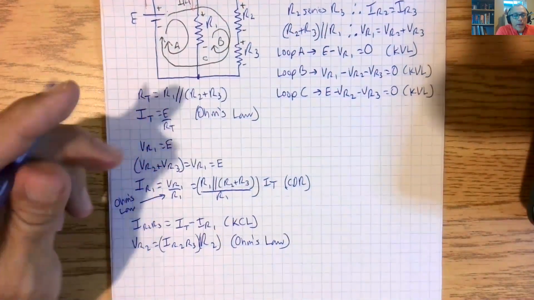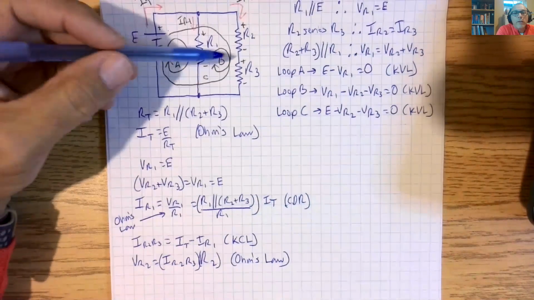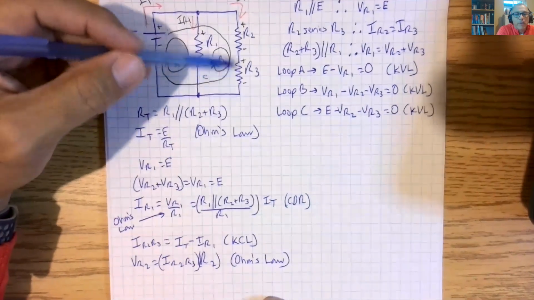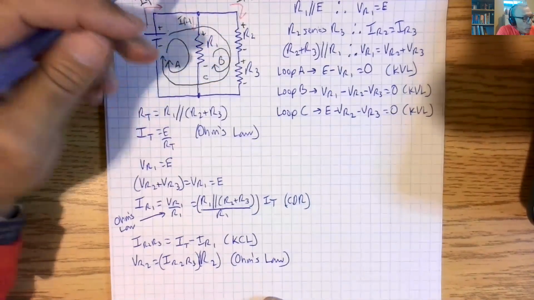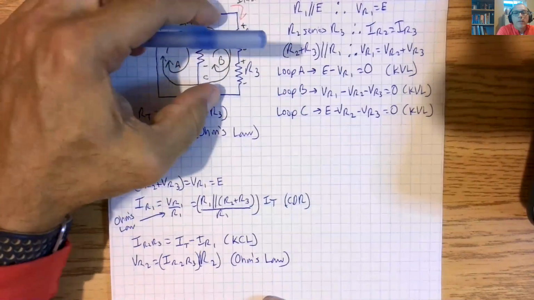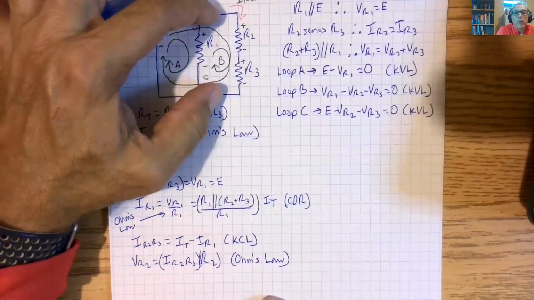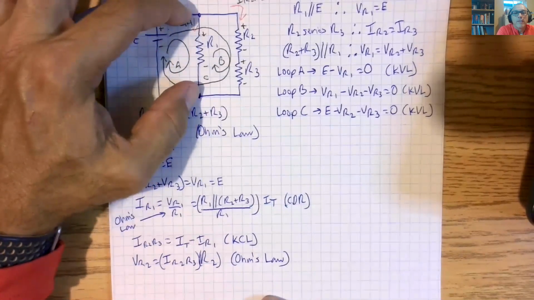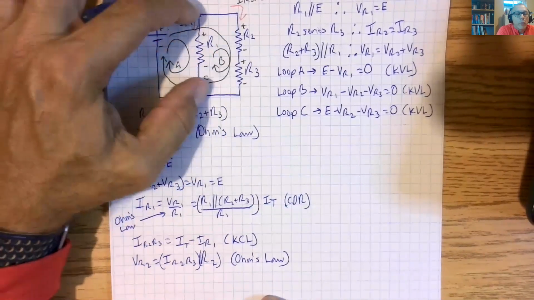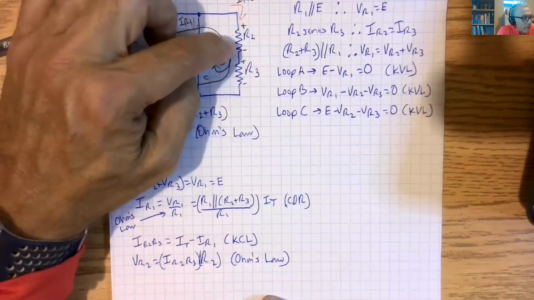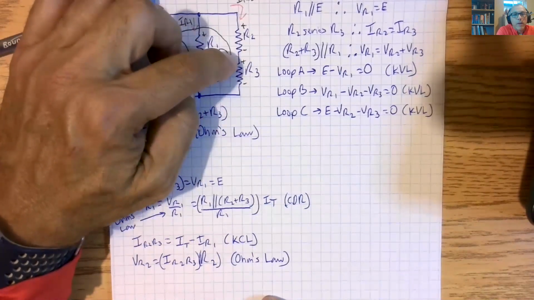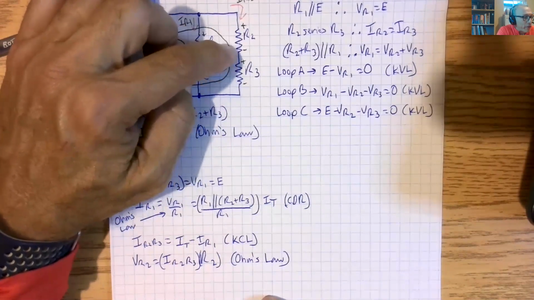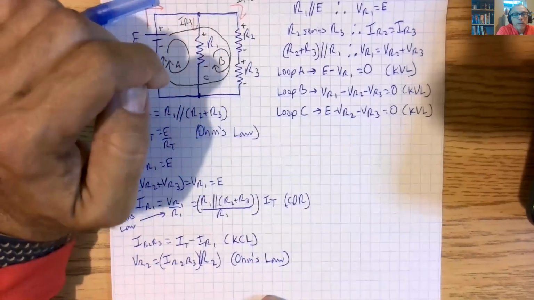We can also say that we know these two resistances are in series. Okay? We know the voltage across these two resistors because it's the same as R1. And we know because they're in series that the voltage across these resistors is going to be the same ratio as the ratio of these resistors.